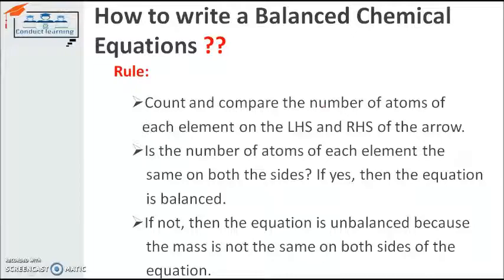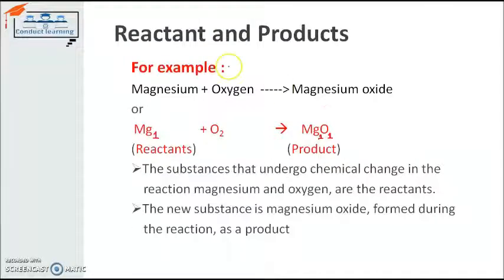Second point: is the number of atoms of each element the same on both sides? If yes, the chemical equation is balanced. You have to check whether the number of atoms for each element is the same or not. Here you see on the reactant side magnesium has one atom and oxygen has two atoms.